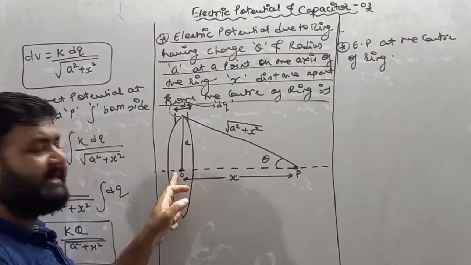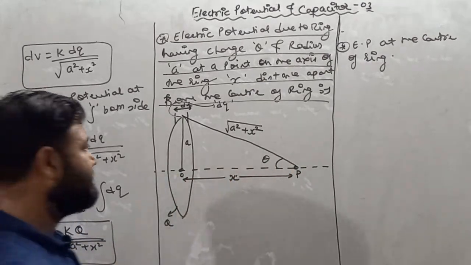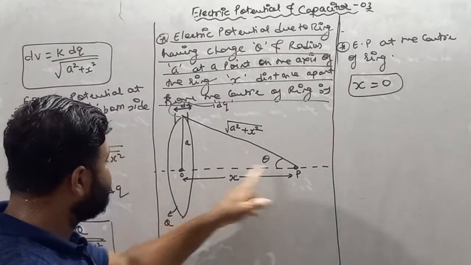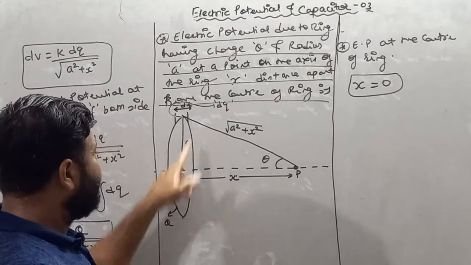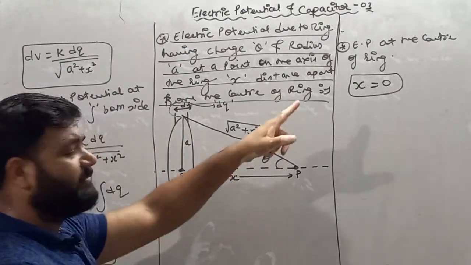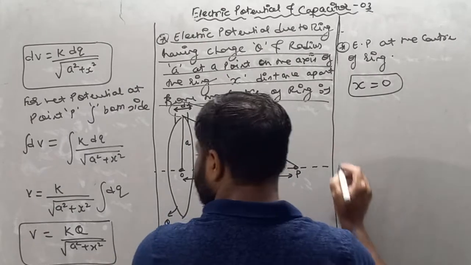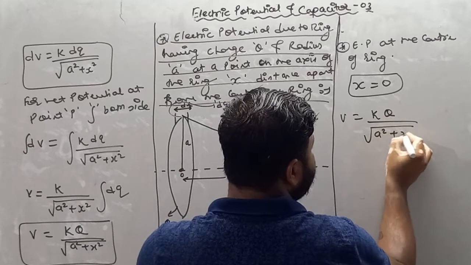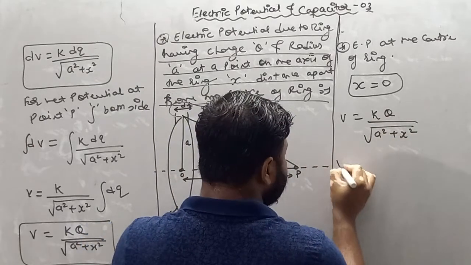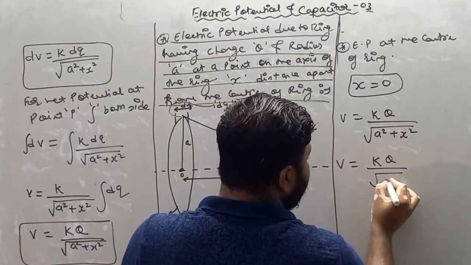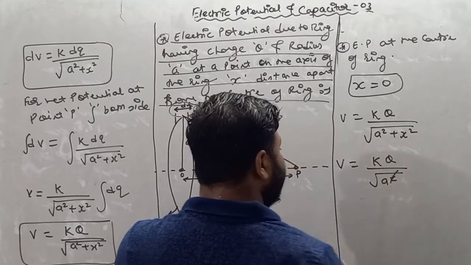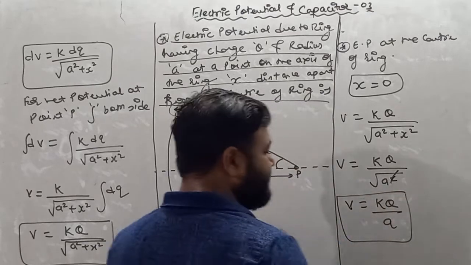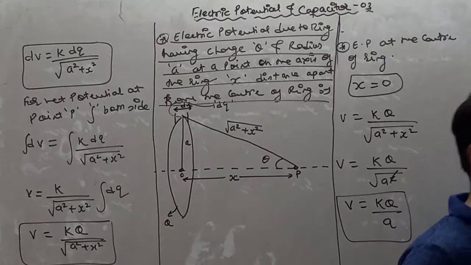So if P comes at this point, then the value of x becomes equal to 0. So the potential at P is kq by under root a square plus x square. Now x becomes 0, so V is equal to kq by under root a square. The square and root get cancelled, so it is kq by a. The value of electric potential becomes equal to kq by a.